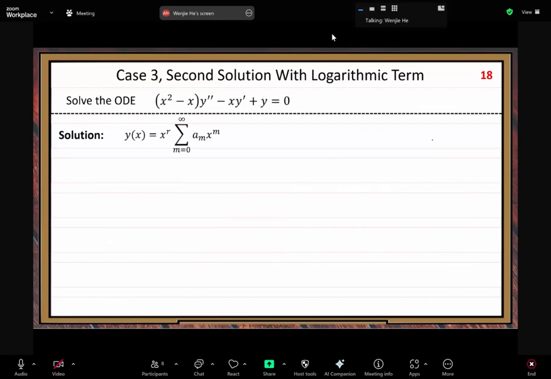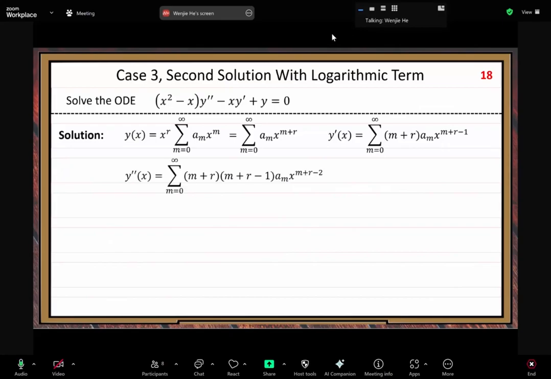For the extended solution, we use this form. In order to take derivatives, we like to put x to the r inside and multiply through. In that way, the derivative representation is very simple, and the second derivative representation is also pretty simple. Then we need to plug in.